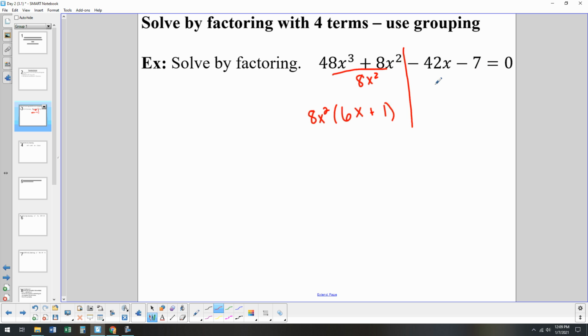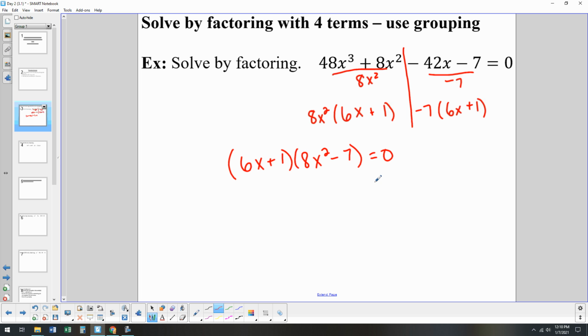And in the second set, I could take out negative 7. Negative 42 over negative 7 is 6. Bring down the x. Negative 7 over negative 7 is a positive 1. So that means my factors are 6x plus 1 and 8x squared minus 7.